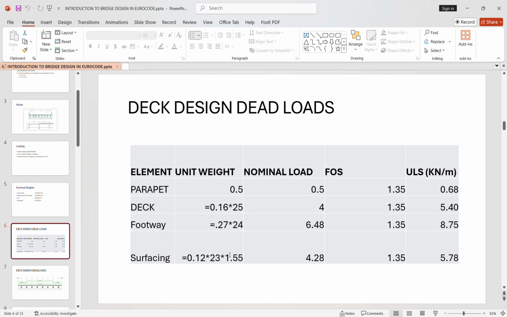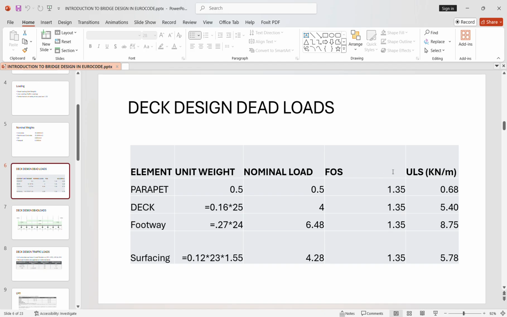So to cover for that additional weight, we usually add a factor of 1.55. So we get our nominal loads from these, and then we add our factor of safety, and then we have our ultimate limit state load, which we shall be using for our design.